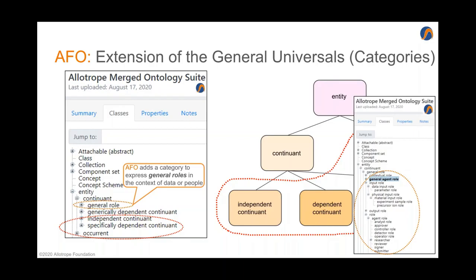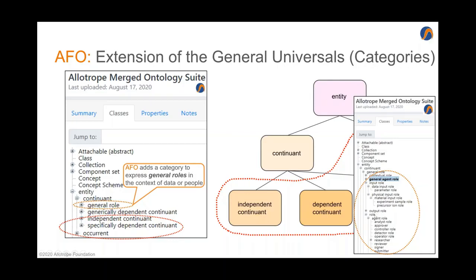AFO adds a category to express general roles at the top, in the context of data or people. So we see here the general roles in the context of data: data input role, physical input role, and output role.